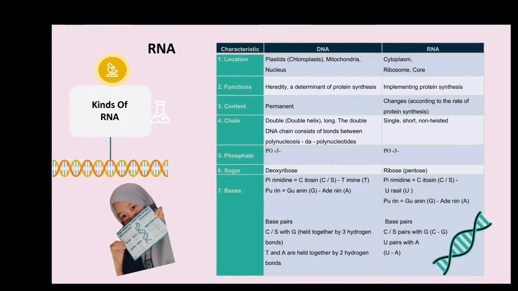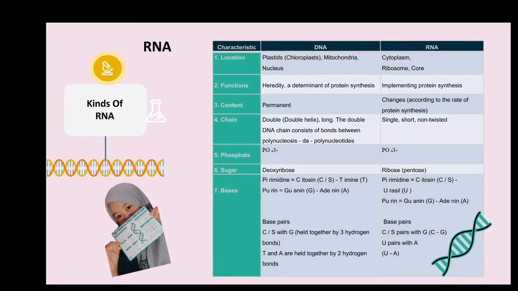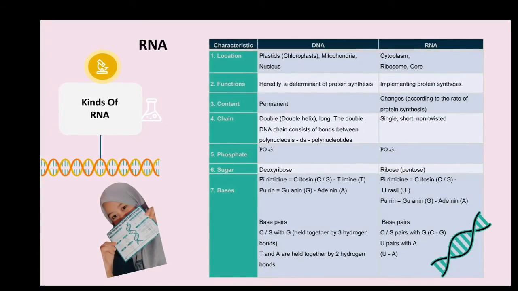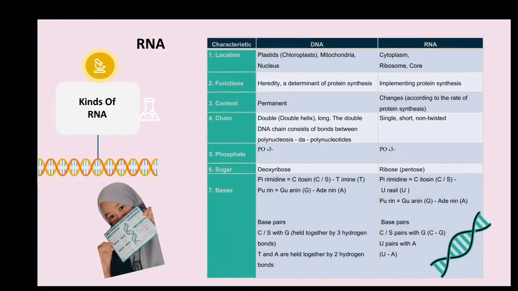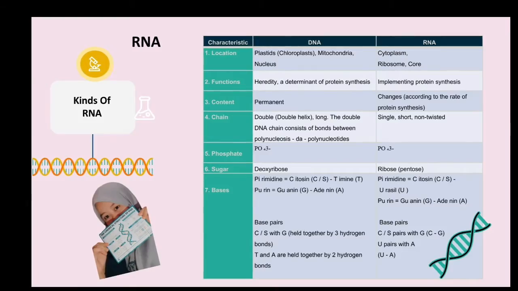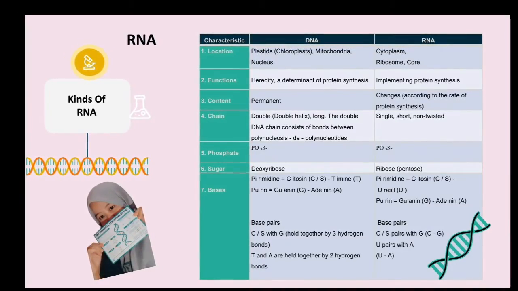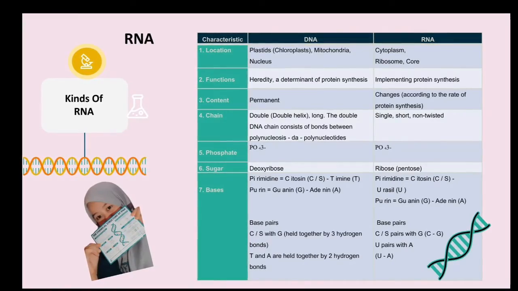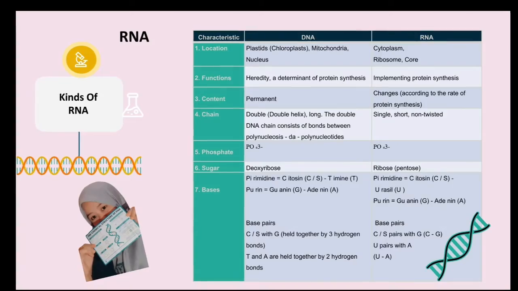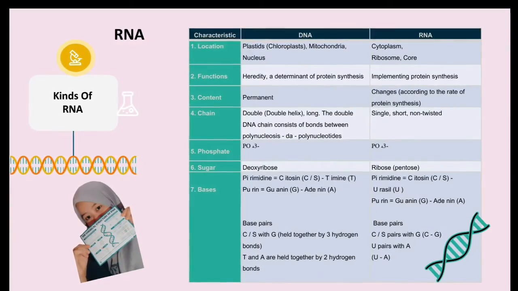Next, RNA. RNA is the result of transcription from DNA, and in viruses which only have RNA alone, it has a function similar to DNA. Kinds of RNA. First, messenger RNA or mRNA, which functions to convey the genetic information code from the cell nucleus to the ribosome.